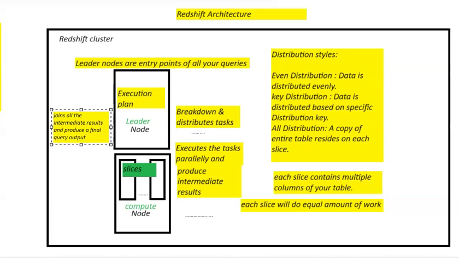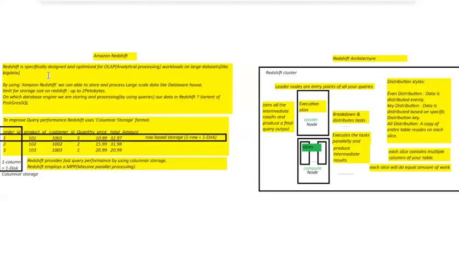So I hope you understood this, how the architecture was, how the parallel processing was, and how your data is stored. I hope you understood when to use Amazon Redshift, up to how much storage we use it, in which format we store our data in Redshift, what the background structure is, what the Redshift cluster was that we have seen, and what about the working.